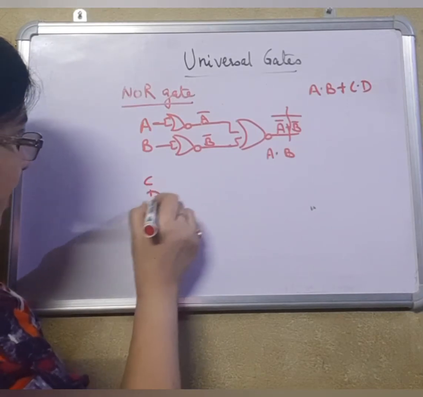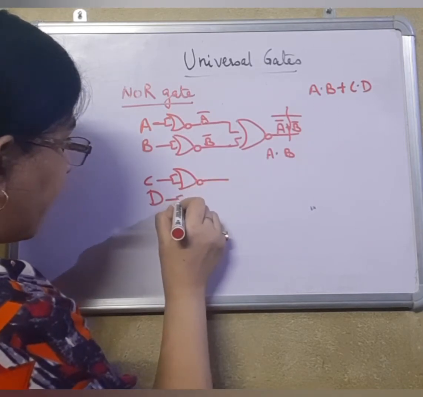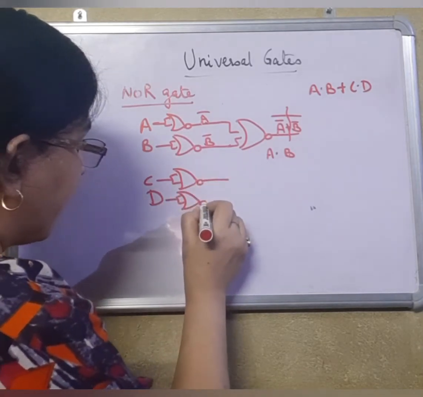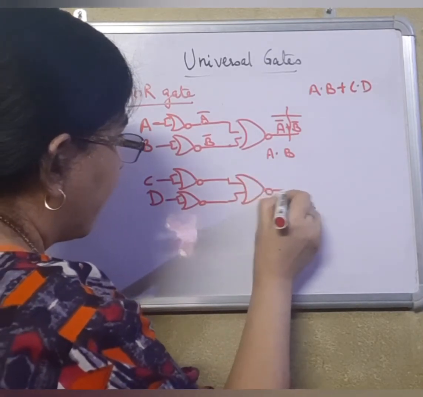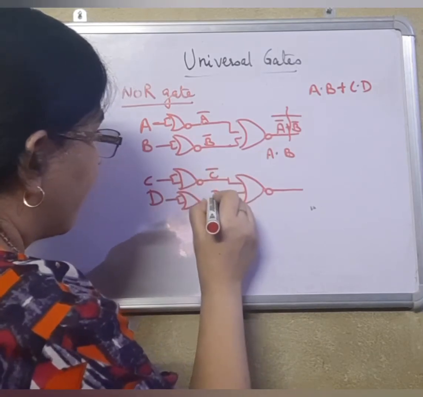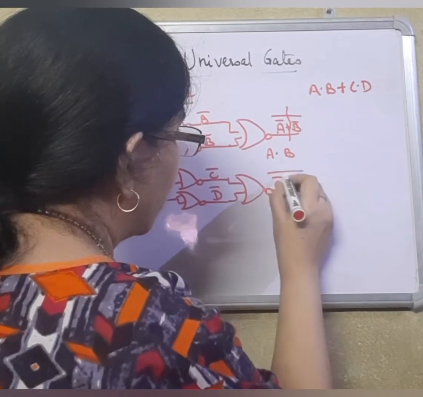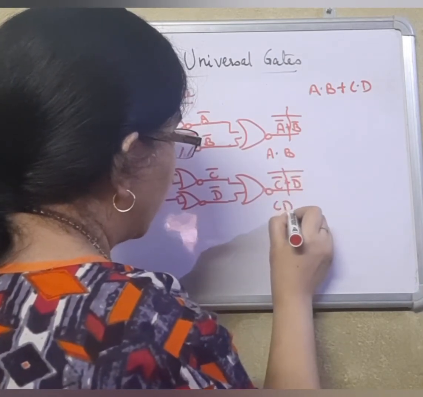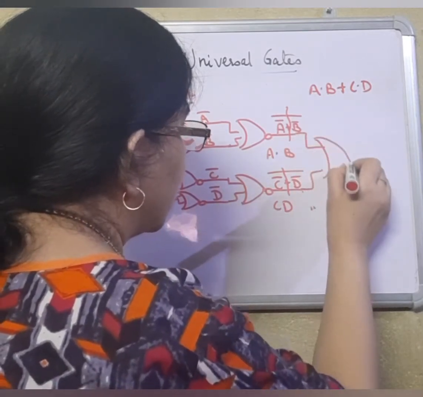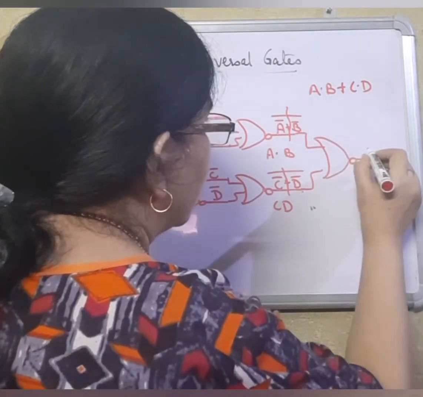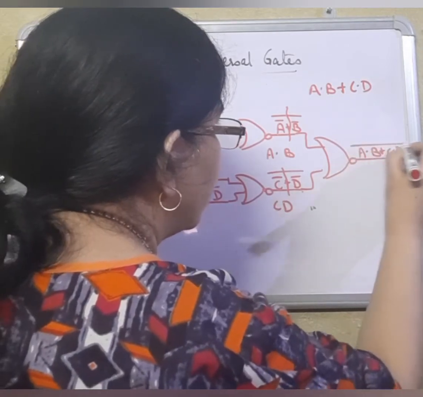Then C and D separately. This is C bar plus D bar whole bar. Break and change the sign. C dot D. But if you are joining them through a NOR gate again, you will get what? A dot B plus C dot D whole bar.